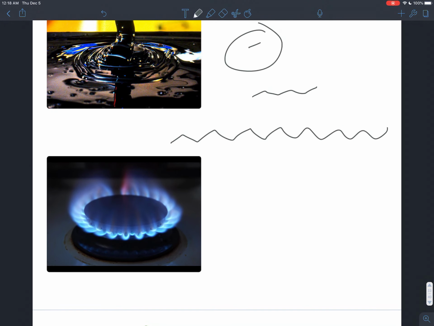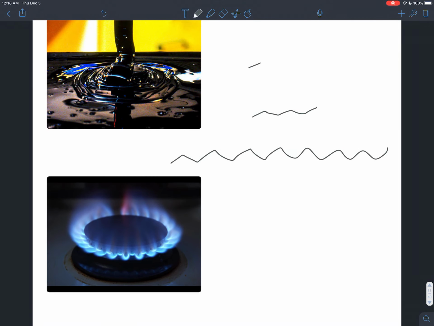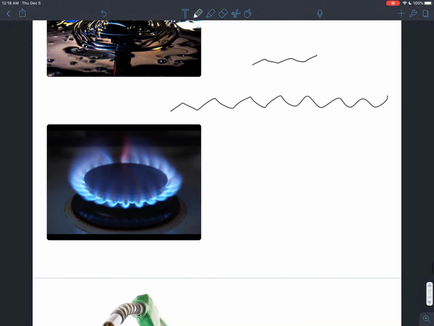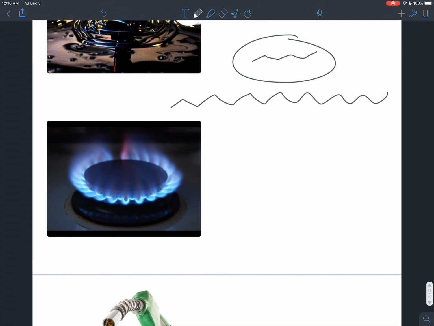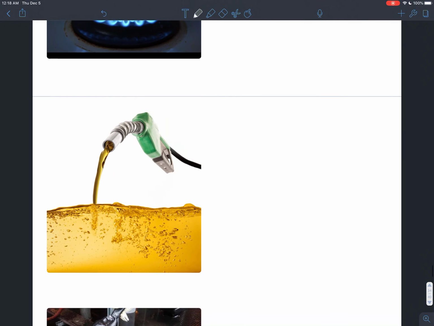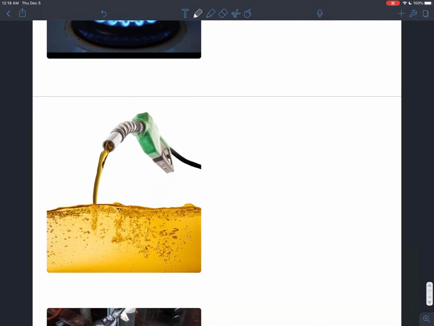As carbon chains get longer, they get stickier and more solid. The small carbon chains that the plants made and that are stuck in this crude oil are gases, things like the propane that you burn in a gas grill. The medium-sized carbon chains are liquids, the types of liquids that are in gasoline.